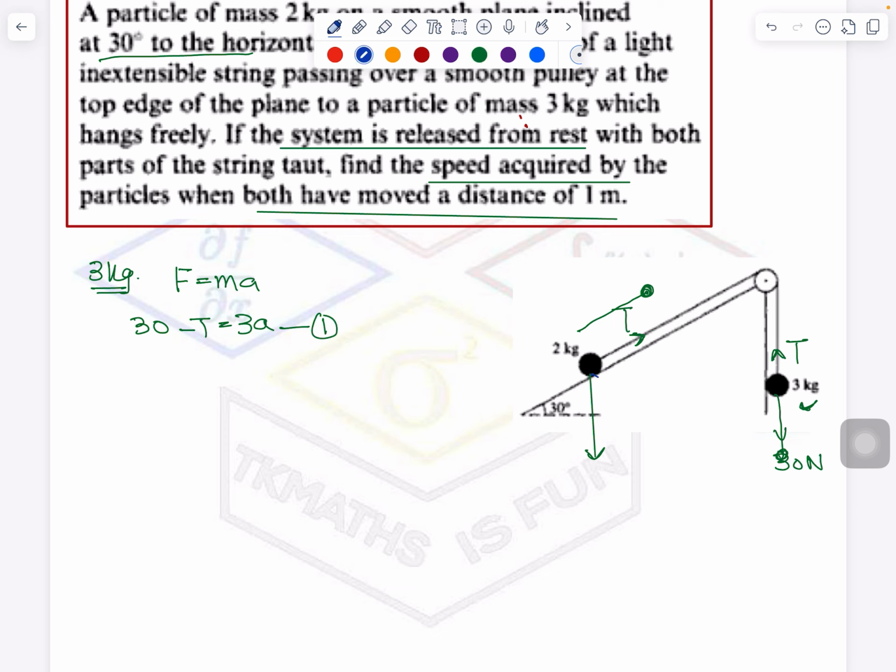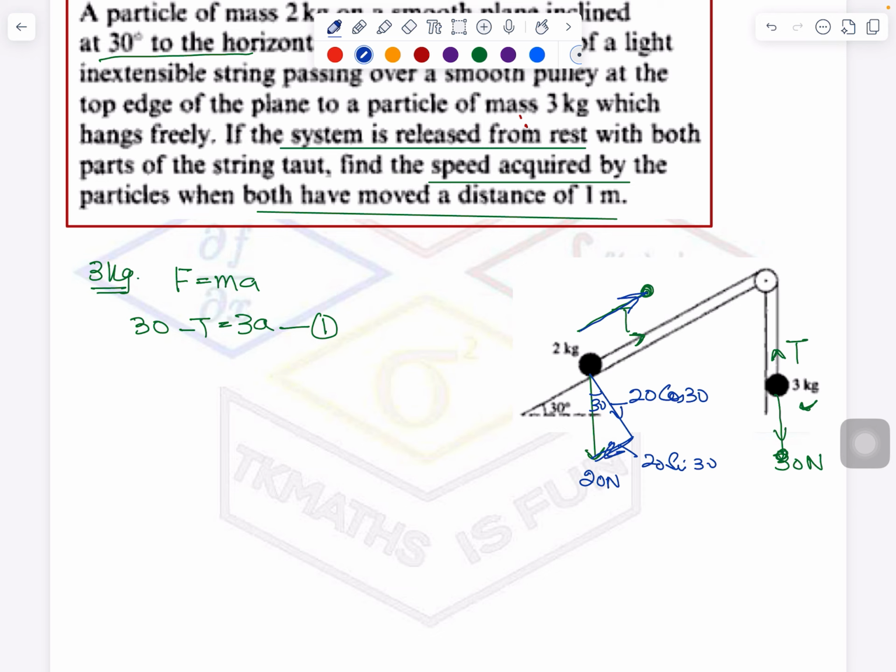Now if I see this 2 kg weight and I resolve it, this is 20 Newton, right? Because 2 kg. So it will be 20 cos 30 and this will be 20 sin 30. So the particle is moving along the plane, so this T is more in this case than the force of the weight.